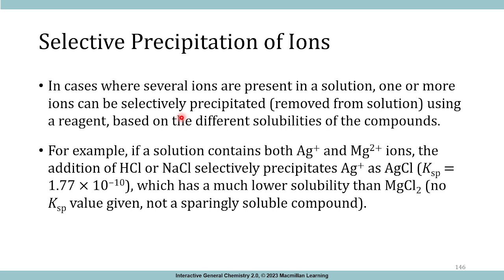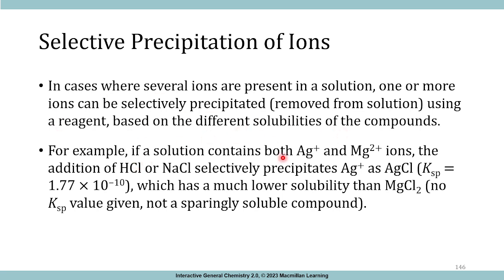So again, we're going to look at the selective precipitation of ions now. In cases where several ions are present in solution, one or more ions can be selectively precipitated, i.e. removed from solution, by using a reagent based on different solubilities of those compounds.